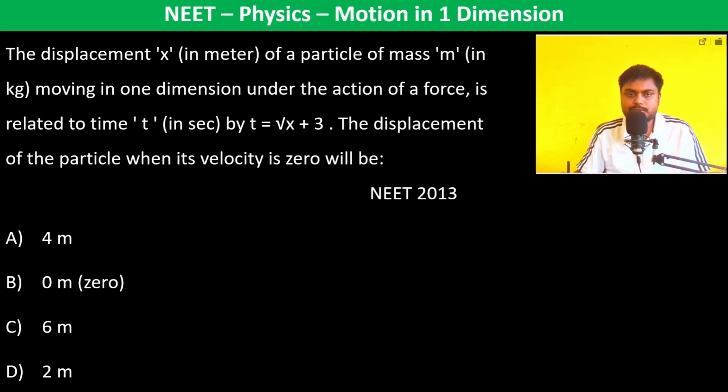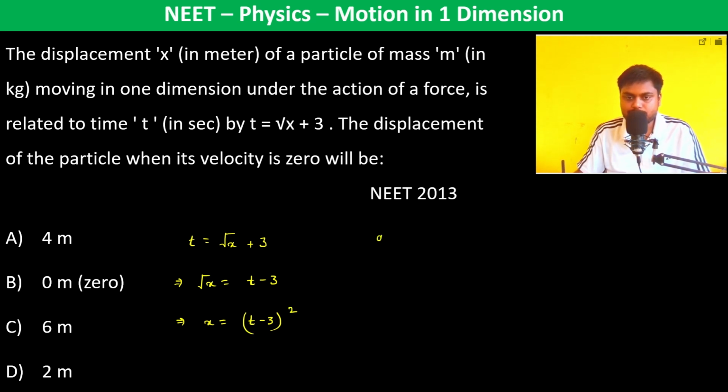The displacement x of a particle of mass m moving in one dimension under the action of a force is related to time by t is equal to root x plus 3. Find the displacement of the particle when the velocity will be 0. So we have root x is equal to t minus 3, and x becomes t minus 3 whole square.